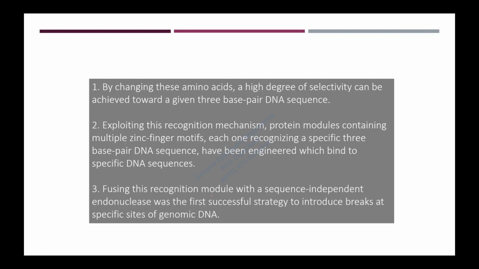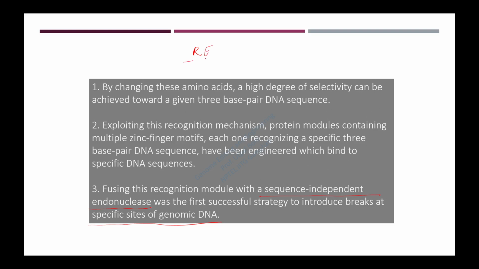So fusing the recognition module with a sequence independent endonuclease was the first successful strategy to introduce breaks at specific sites of the genomic DNA. What does that mean? In the restriction endonuclease, we have learned that it recognizes a sequence.